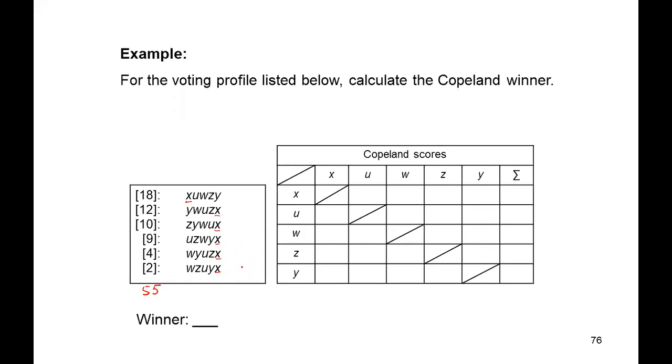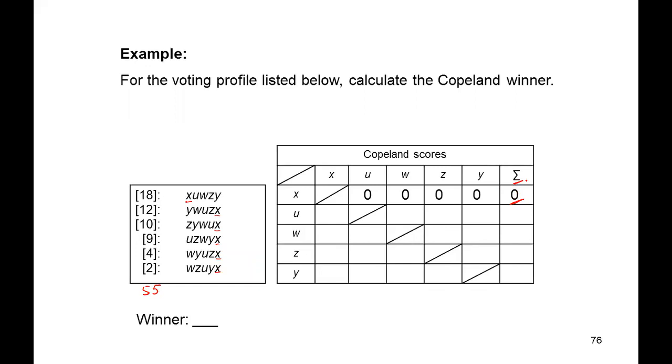So actually X was losing 37 to 18 against any other alternative. So X is never the winner. X gets 0 points against the remaining 4 candidates. So the Copeland score of X is 0.